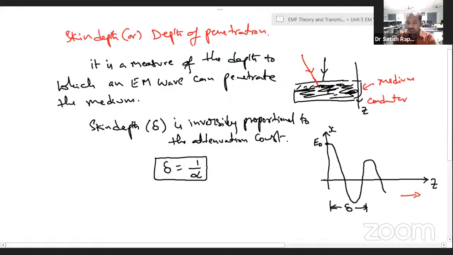When it travels a distance delta, where delta is the skin depth, the wave's amplitude reduces to 1 by e times E naught. That means the wave's amplitude reduces by 37%.